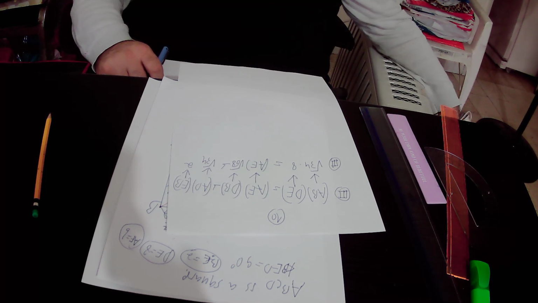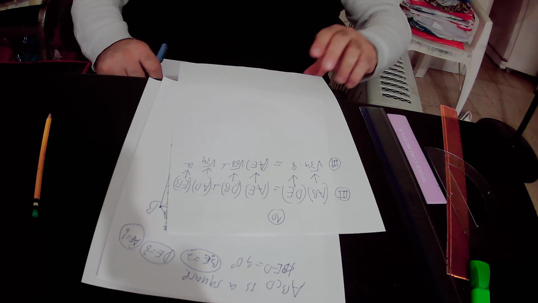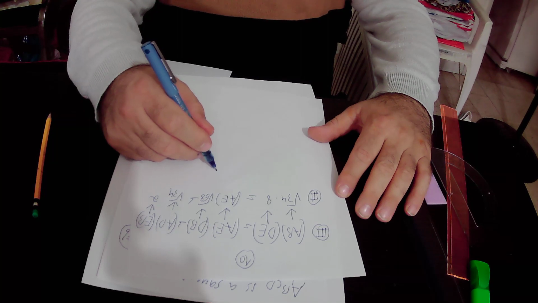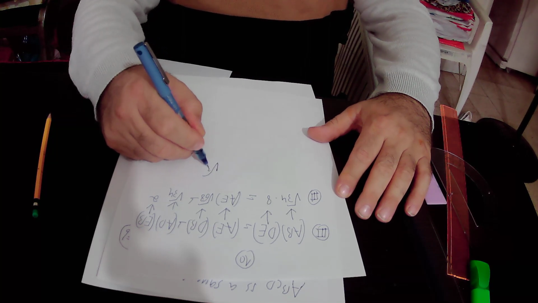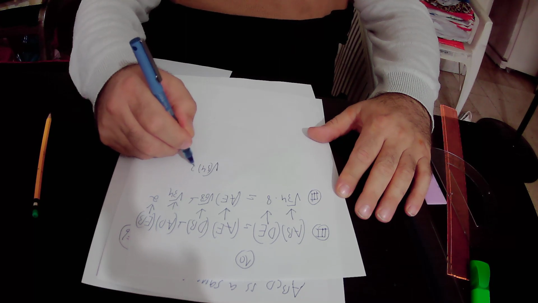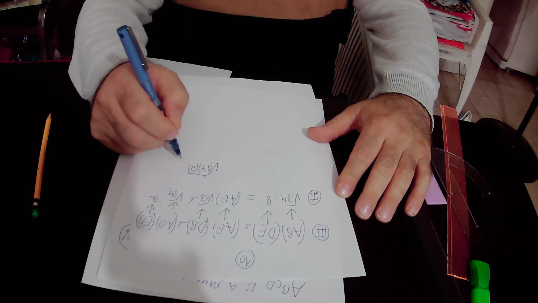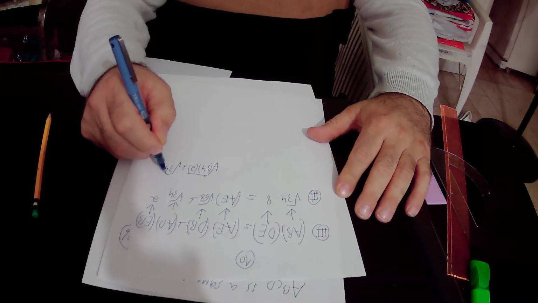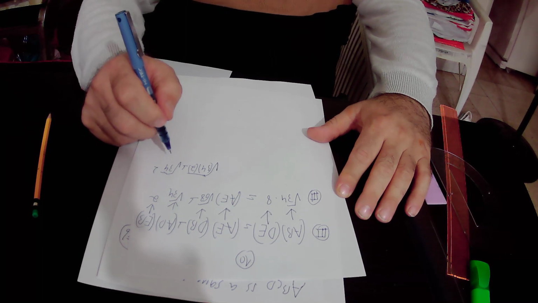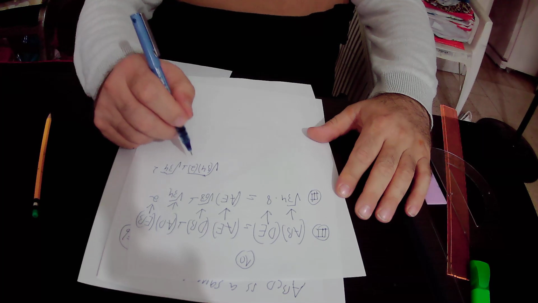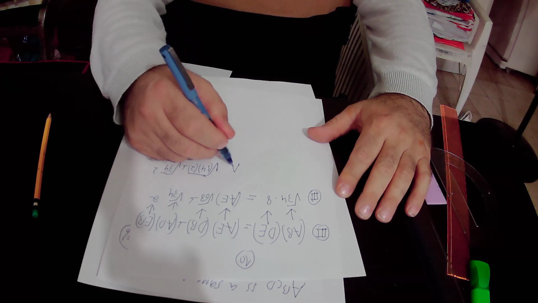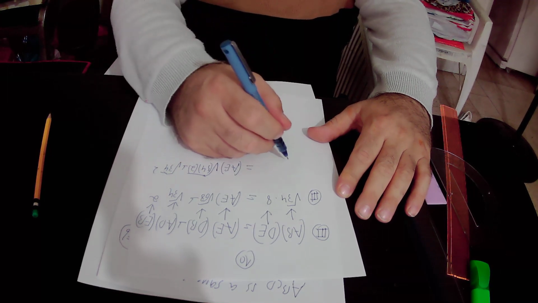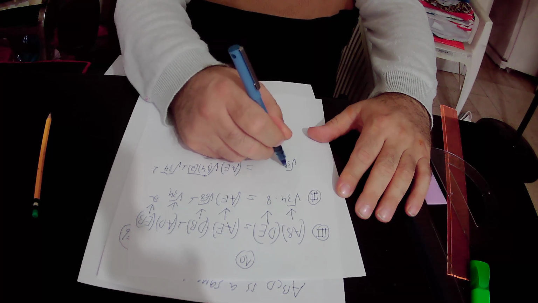Here 68 is 34 times 2, so we'll substitute 68 by 34 times 2, plus square root of 34 times 2, multiplied by AE, the missing line segment we are looking for, and all equals the square root of 34 times 8.